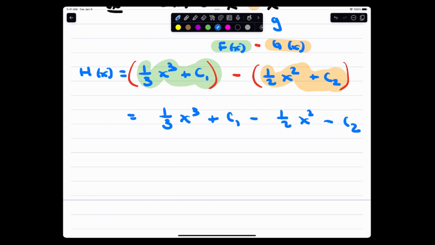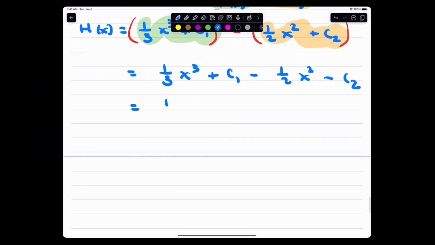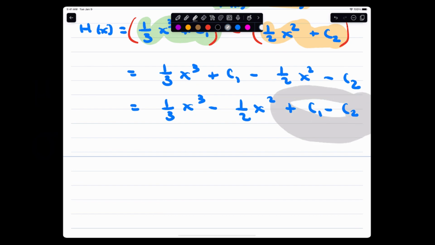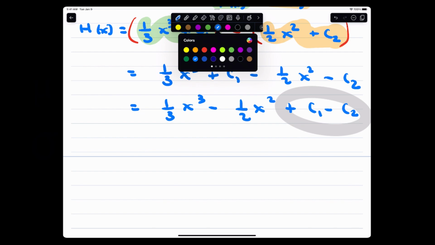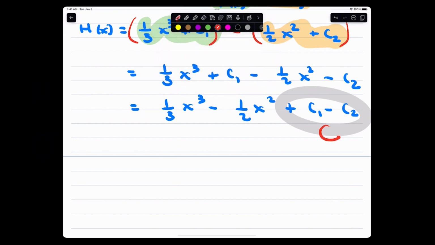And then the question becomes, what happens with your constants? I'm going to rearrange the terms. You see the C1 minus C2? You go, oh my gosh, what about these constants? What's going on there? Well, you know what you do? It's a constant. Call that C for constant.